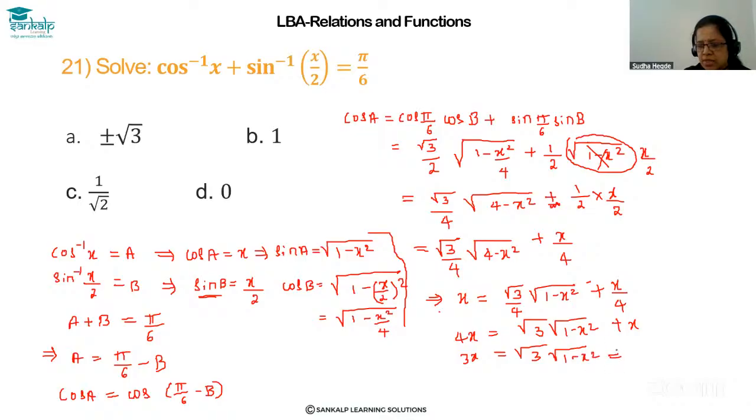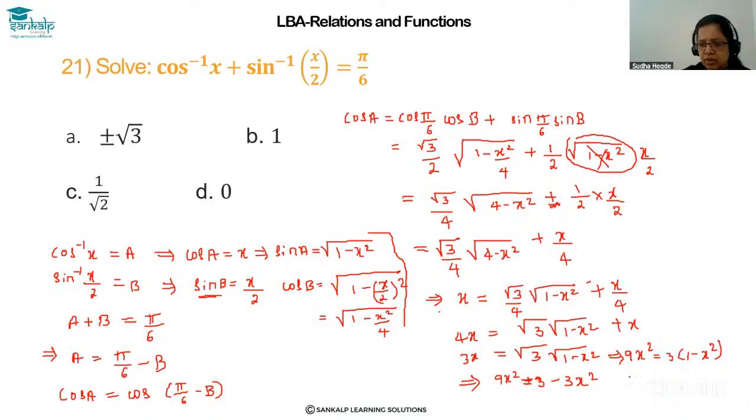This implies squaring on both sides, you will get 9x square is equal to 3 into 4 minus x square. This implies, what will you get? 9x square is equal to 12 minus 3x square.